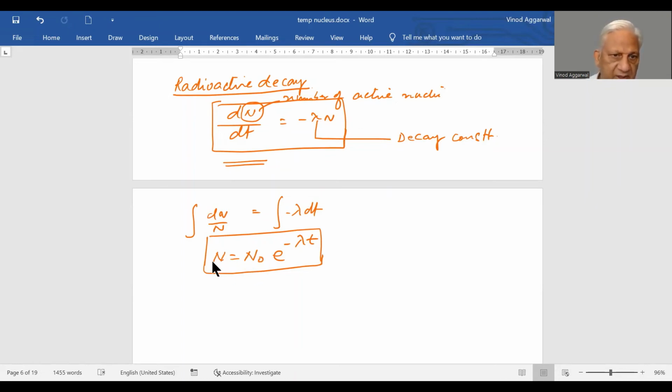This is the number which remain, which are left at time t. So this is the formula.